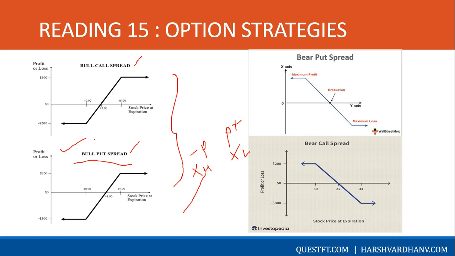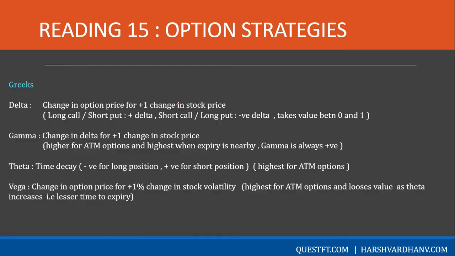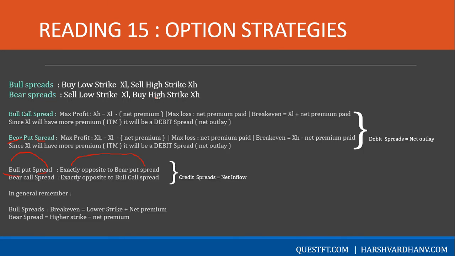Because you are bullish, you want to sell the put option at the higher strike, but you also want to protect your downside. You say, okay, if the market goes down, I need to protect myself, I might as well buy a put option over here. So that's why it's exactly opposite.